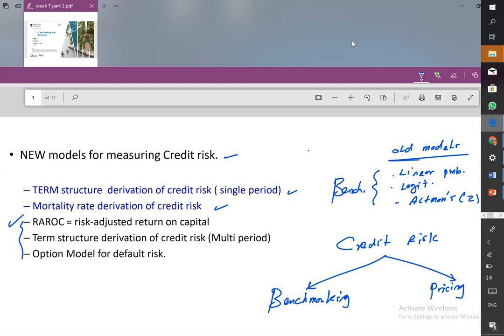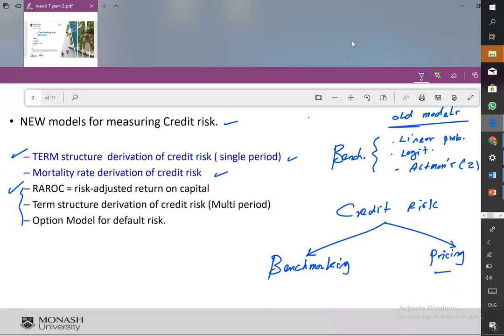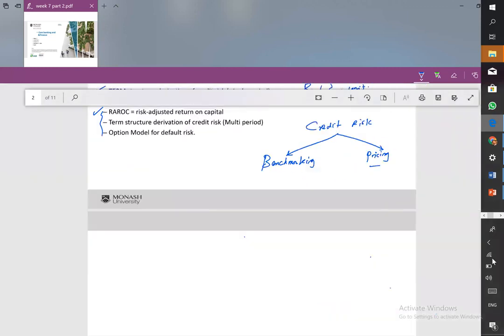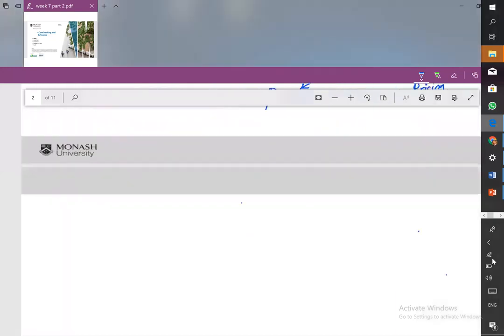The term structure tells us how much we charge, or it helps us calculate the spread or the premium. Now, let me tell you the concept behind the term structure.